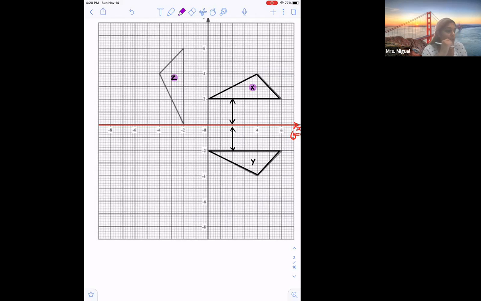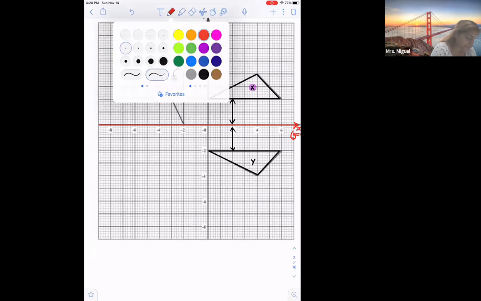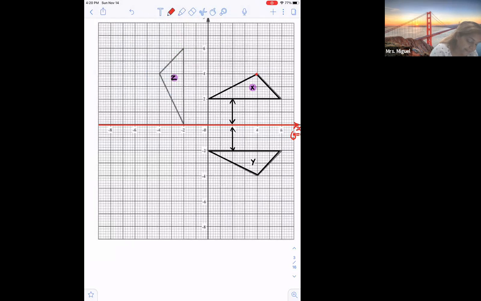So what we are going to do, we are going to connect corresponding sides or corresponding vertices of triangle X to triangle Z. So the tip here, I am going to connect this tip with this tip. This is a straight line, right?